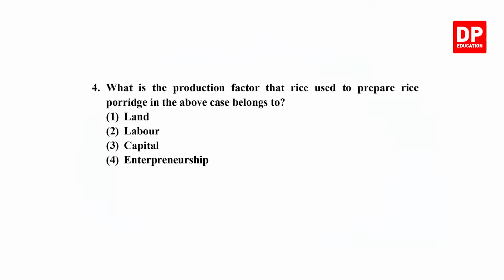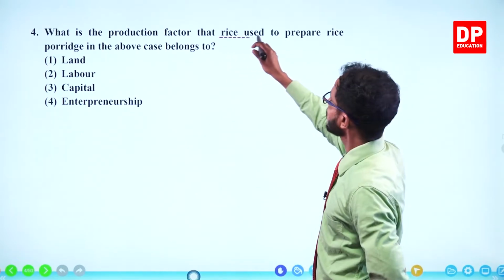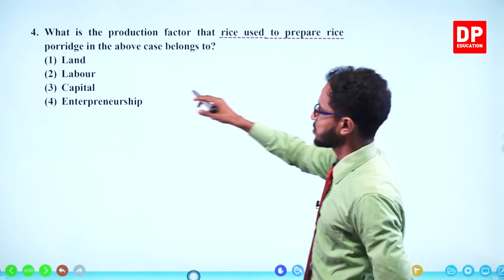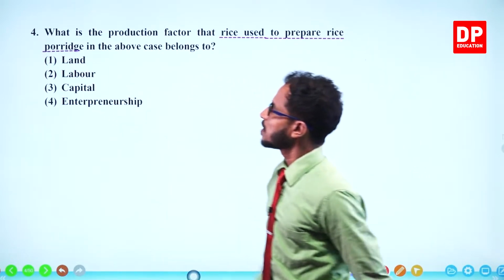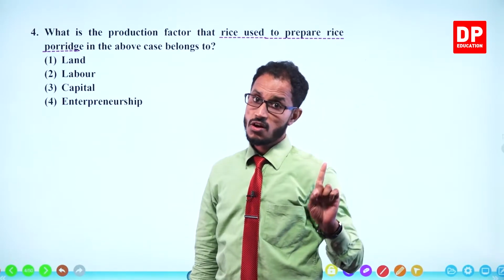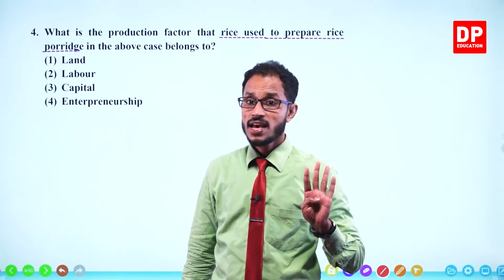Next question. What is the factor of production that the rice used to prepare rice porridge belonged to? The rice which is used to prepare rice porridge. Now we know that there are 4 factors of production.